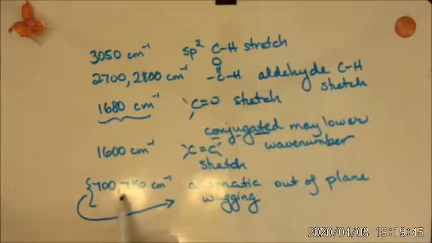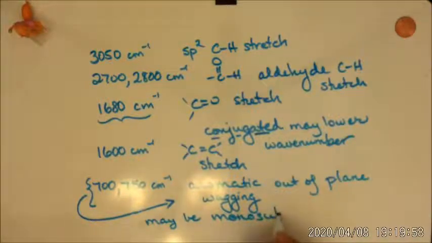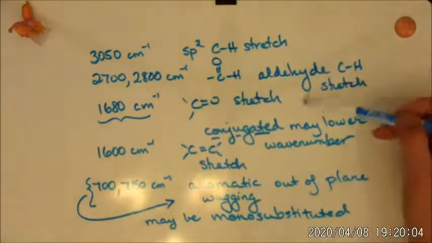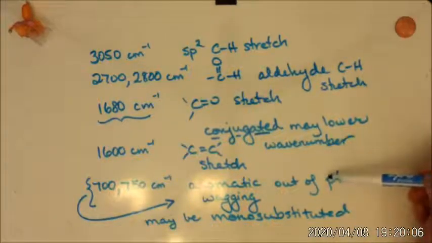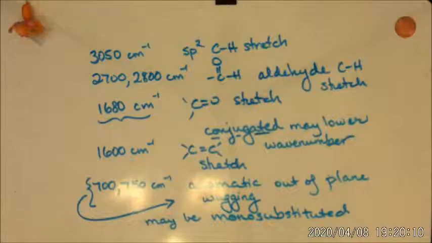Okay, the other thing is with this pattern, you're going to look at your slides and you say, oh, wait a second. This may be monosubstituted. Okay, so again, this confirms what we're suggesting from our mass spec fragmentation patterns, and we also think there's a monosubstitution.